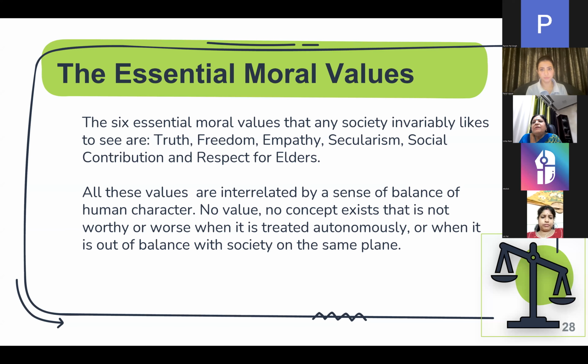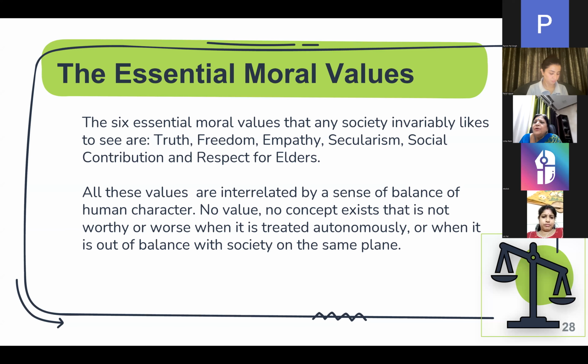Now, essential moral values. The six essential moral values that any society invariably likes to see are truth, freedom, empathy, secularism, social contribution, and respect for elders. All these values are interrelated by a sense of balance of human character.